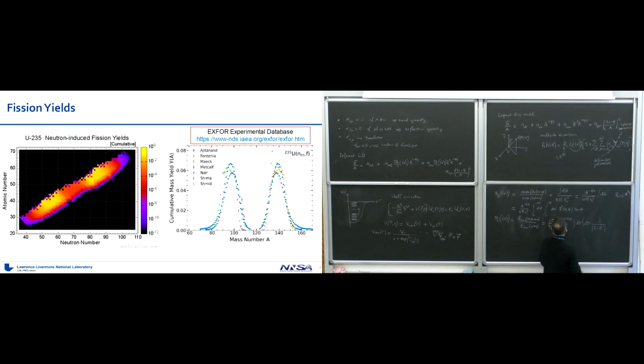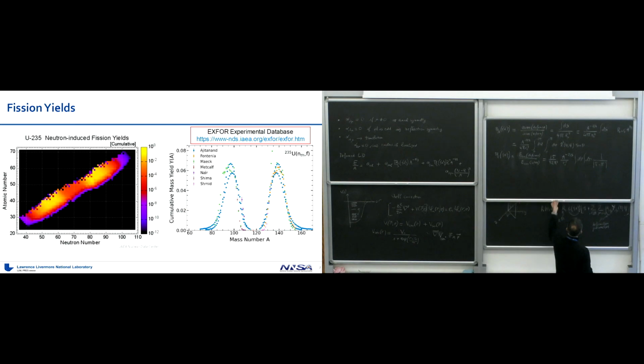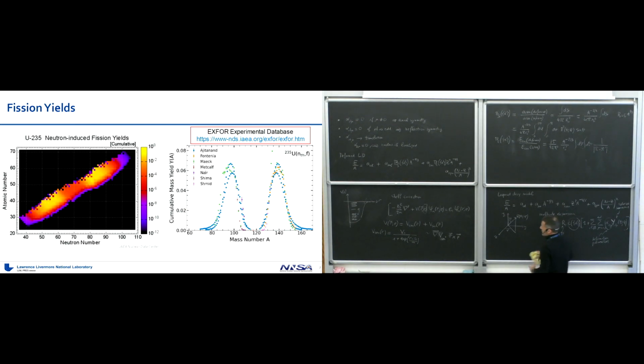So let's see now. Once you have solved the Schrödinger equation, you write a little code to solve the Schrödinger equation for this potential. You should modify these expressions if you want to account for the deformation. This is a little bit more complicated, but nothing outrageous.